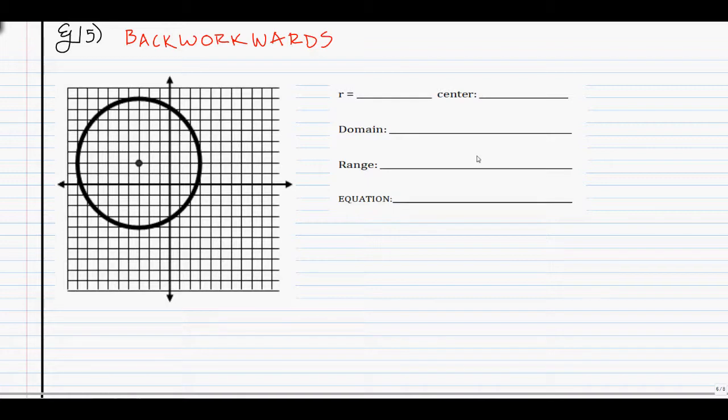Well, if you look at it, this actually isn't hard at all. Everything we need to write the equation is right up here. This stuff is just for extra practice. So we just need to find the radius and find the center.